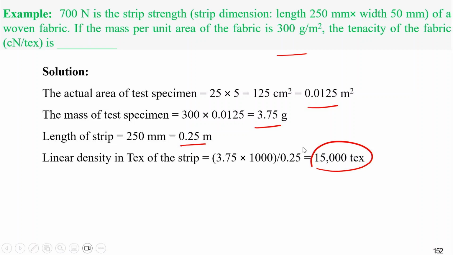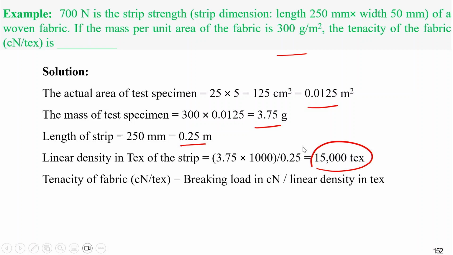So, we need to calculate in centinewton per tex. 700 Newton means 70,000 centinewton, and divided by 15,000 we get the tenacity 4.66 centinewton per tex. So, in this way we can calculate the tenacity of fabric.